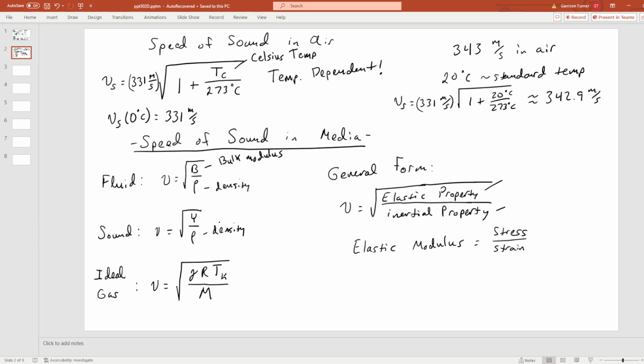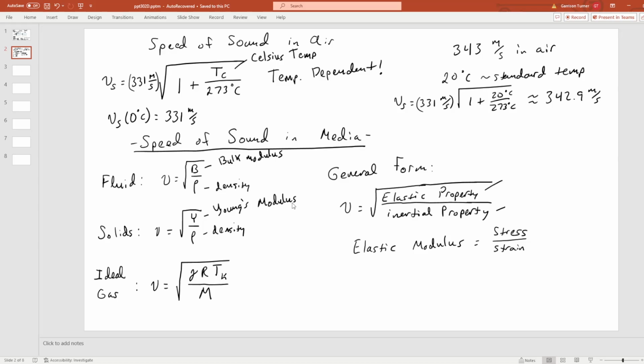For solids, we have what we call the Young's modulus. And your Young's modulus is essentially how my material stretches as it is put under tension.